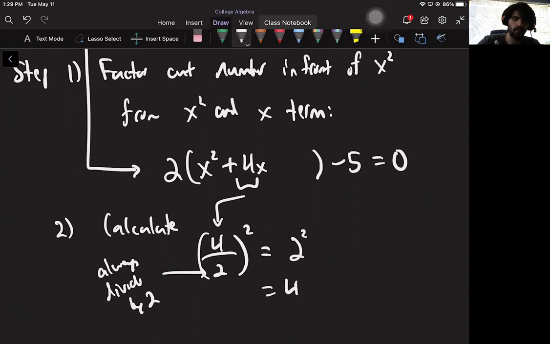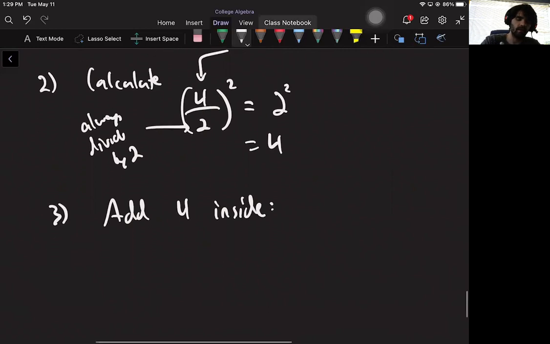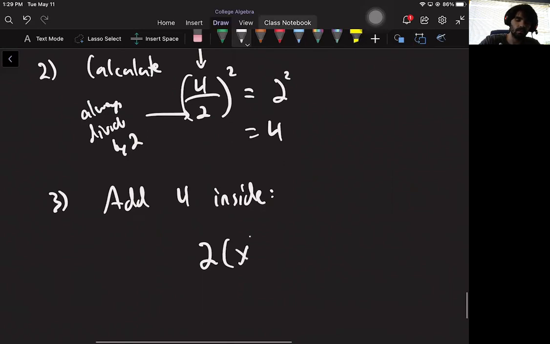And then you end up with 4. So that is what we're going to add and subtract, but it's going to be a little bit different this time. So now add 4 inside this extra space that you have. I'll rewrite it, but this is why there's that extra space there. So I want to add that there.